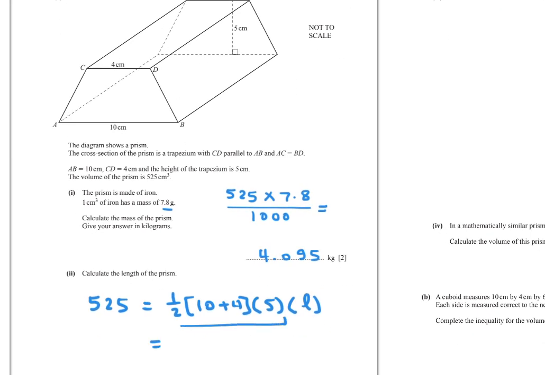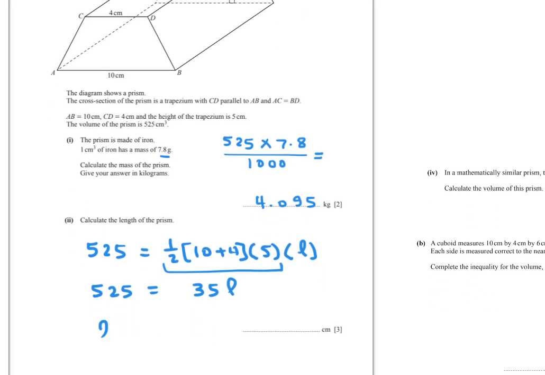The area of the trapezoid equals 35. So 35 L is 525. So L equals 525 divided by 35 equals 15 centimeter.